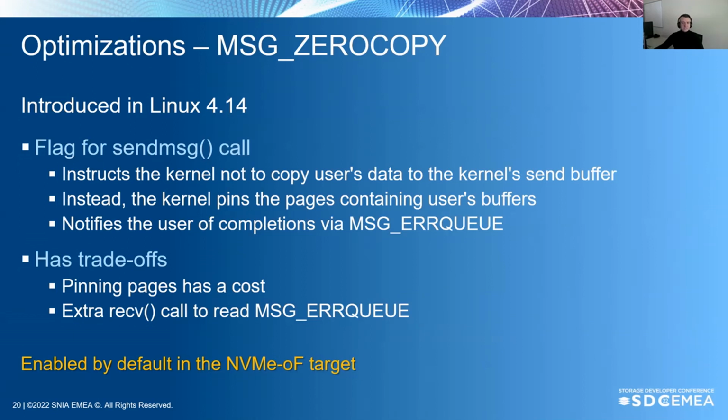Pinning pages has a cost, and we also need an extra receive call to read the error queue. But from our benchmarks, it seems that for our storage workloads, this delivers significant performance improvements, so we are enabling it by default in the NVMe over Fabrics target. And Karol will show you the impact that this optimization has in our benchmarks.